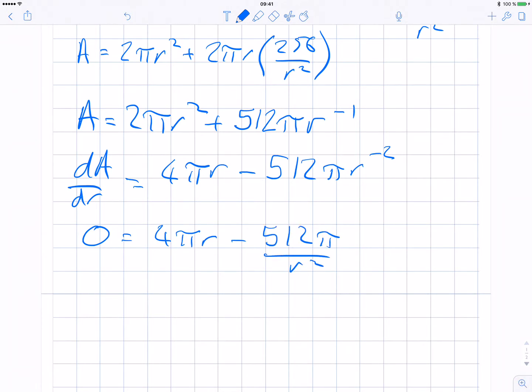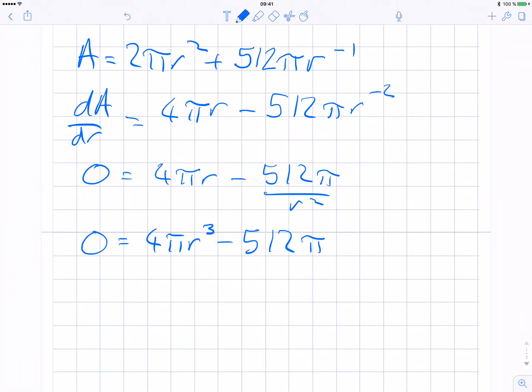Just to help me with my calculations, I've rearranged it. If I times everything by r squared, I get 0 is equal to 4 pi r cubed minus 512 pi.